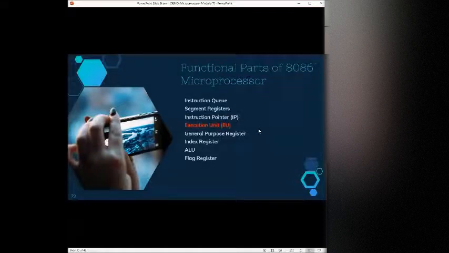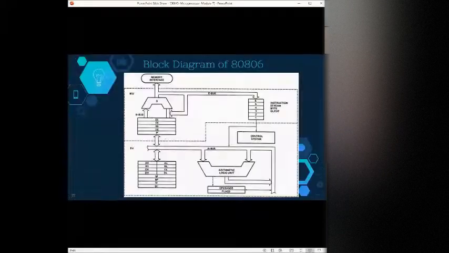Next, we have the execution unit. You already know this, diba? What is the function of the execution unit? Anyone? This from here, I explained it. This is the execution unit. So what is the execution unit? Class.